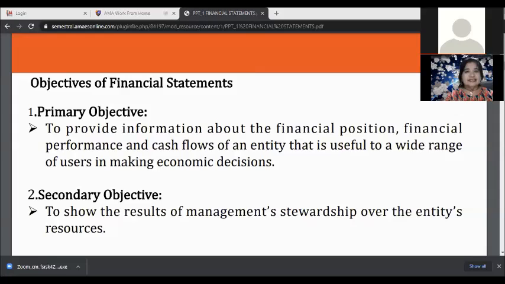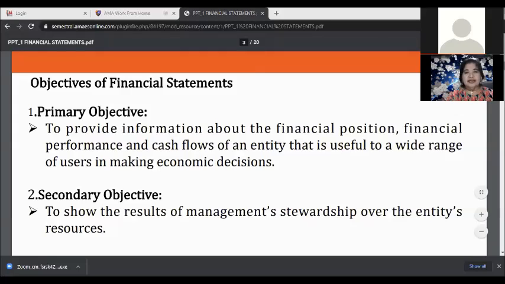It can show how the resources are maximally utilized to the point that they will be generating profit out of these resources. So all of these things will be reflected on our financial statements, and that is management stewardship, wherein you can already assess that the management is doing so well in terms of how they can control the resources of their business. So that is all coming from your financial statements.